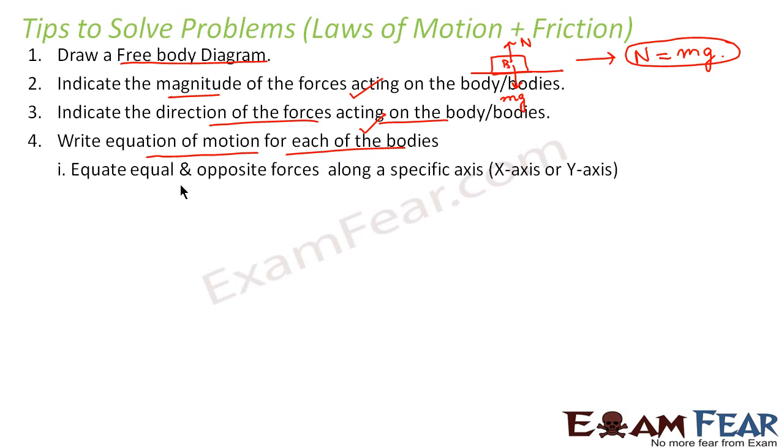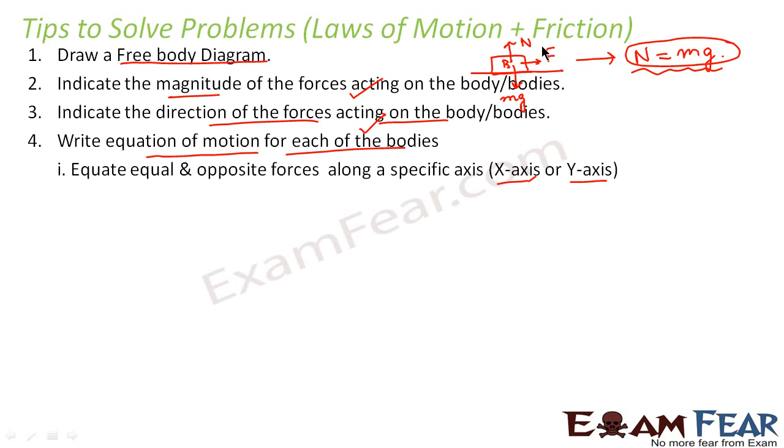Now equate equal and opposite forces along a specific axis, x-axis or y-axis. For example, this normal and this mg both act along the y-axis, so we equated them. But let us suppose a force, capital F, is applied on the body in the horizontal direction.